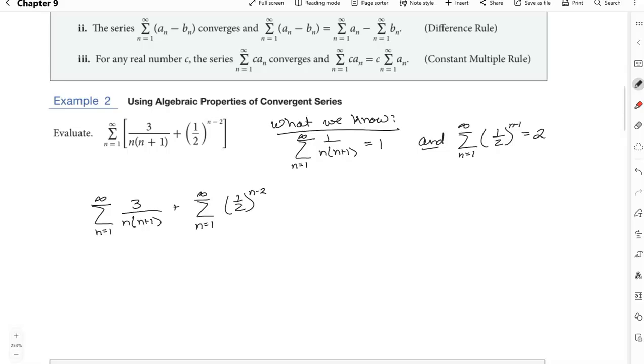Now I could think about pulling that 3 out of the first one. So 3 times the sum of 1 over n times n plus 1. And I know what this guy is. That guy's going to be 1. Question is, how am I going to be able to manipulate this guy?